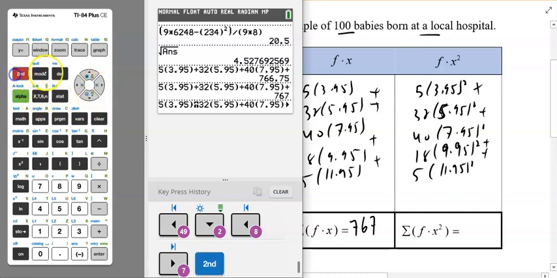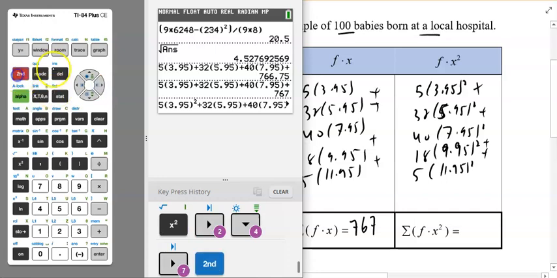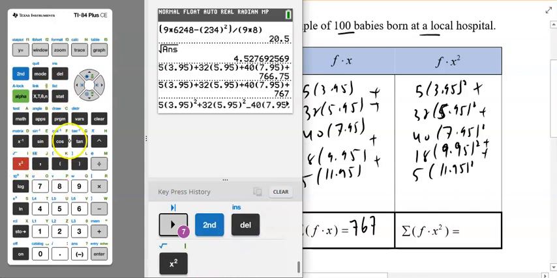If I go second, insert a square. I'm going to have to do that on each of those. Or I could just input it myself, restart the thing.